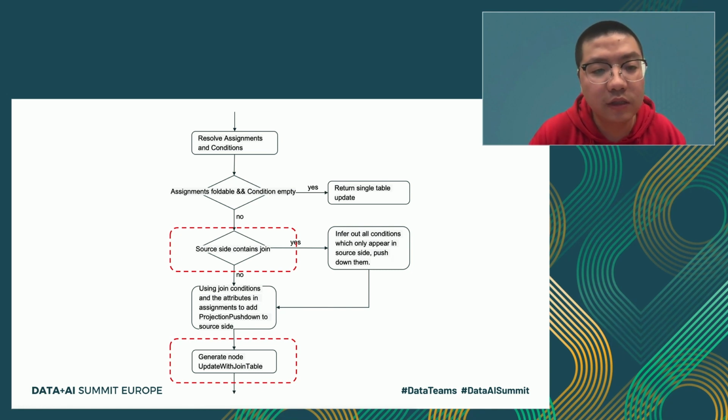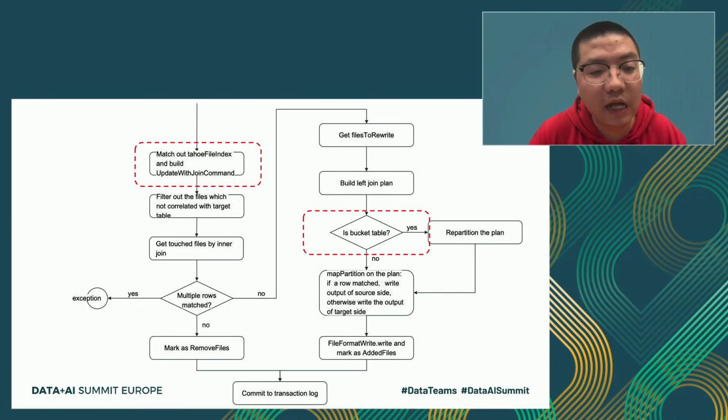The update in the source side maybe contains multiple joins, and finally the update with join node will be transformed to an update with join command. In these parts, it's very similar to the merge into process. The difference here is we support bucket tables.